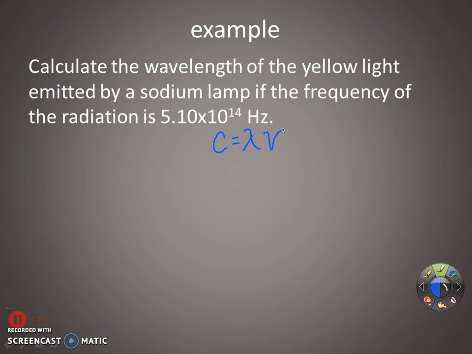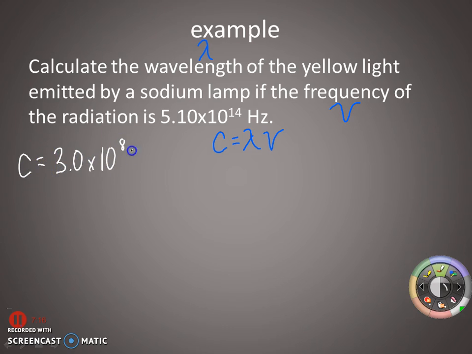Remember, lambda is the wavelength and frequency is nu. We're obviously not going to solve for the speed of light, but we can say that c is equal to 3.0 times 10 to the 8 meters per second, just so we have it listed.